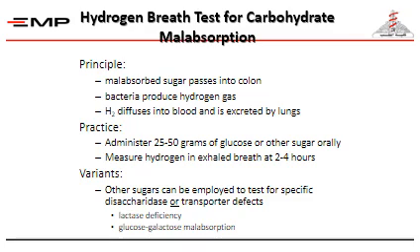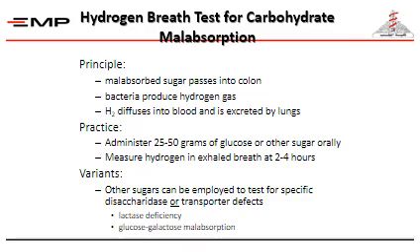To test carbohydrate malabsorption, we use the hydrogen breath test. The principle of the test is that malabsorbed sugar passes into the colon, where bacteria produce hydrogen gas. This gas diffuses into the blood and is excreted by the lung.